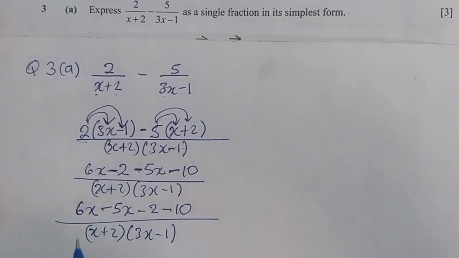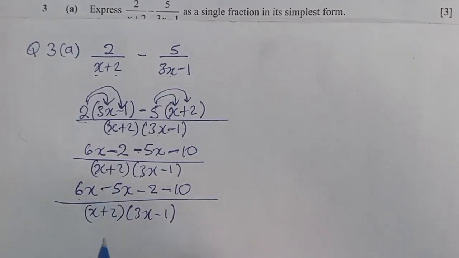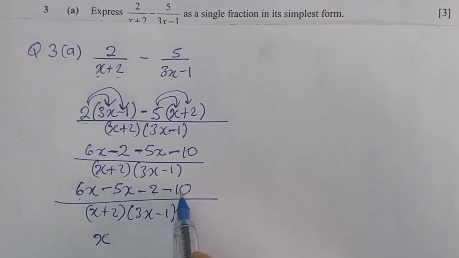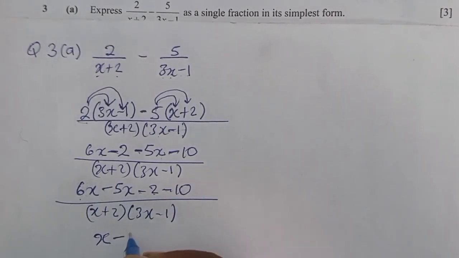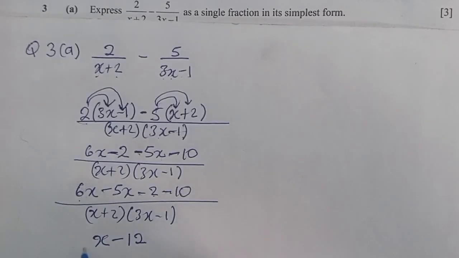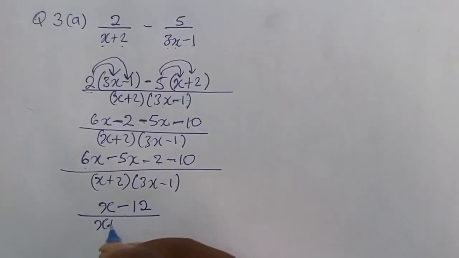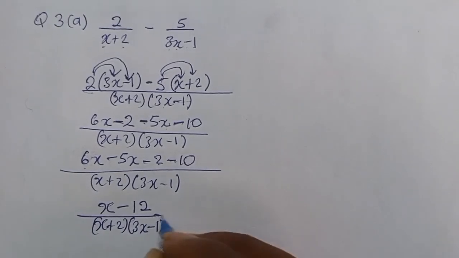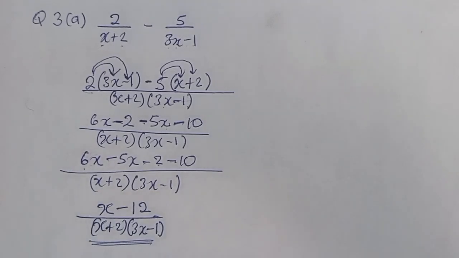So there we say 6x minus 5x, that is x. Negative 2 minus 10, that is negative 12, over x plus 2, 3x minus 1. So that is the final answer.